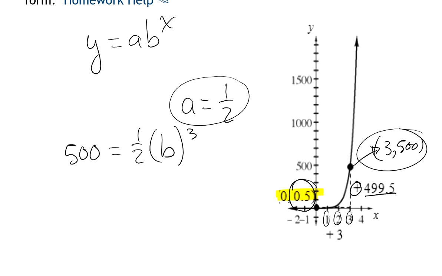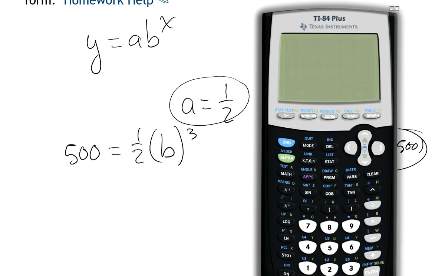So if I want to solve for b, I'm going to take 500 and divide both sides of that equation by 1/2. You can divide by 0.5, but I'm dividing it by the fraction. And when I do that, I get 1,000, right? If that's surprising for you, try dividing things by fractions and just observe what happens on your calculator. So I get the number 1,000, and what that equals is b to the 3rd power.